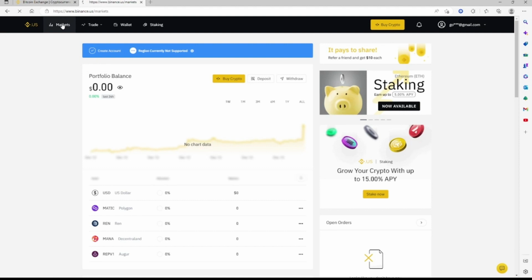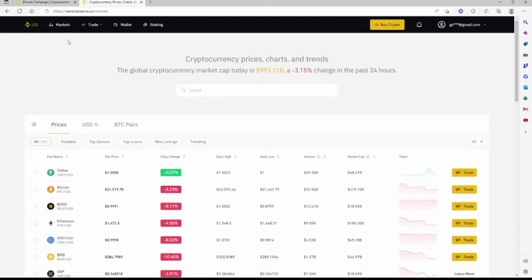Advanced trading, orders, prices. You can look at the prices of all the cryptocurrencies available. There's even a chart, a market cap, volume, daily low, daily high.